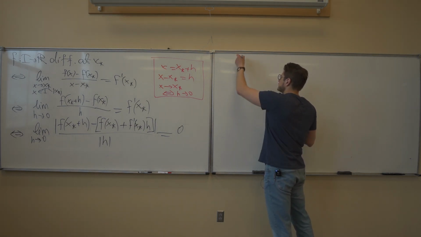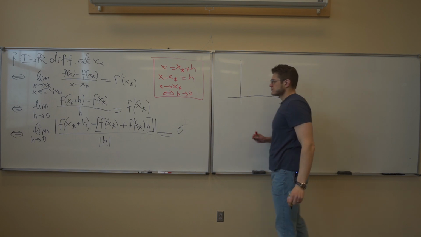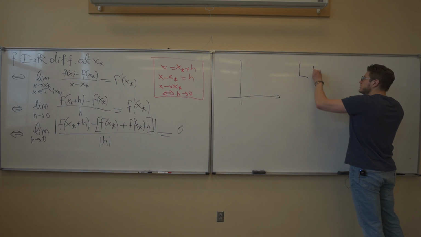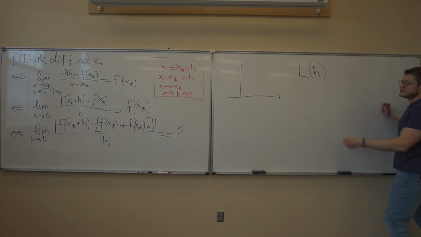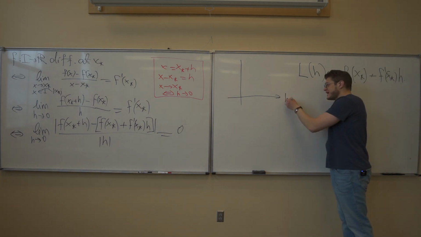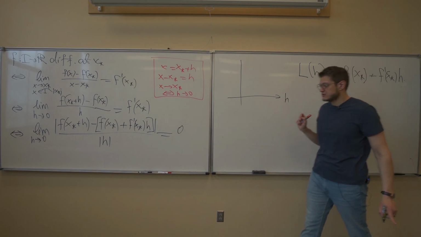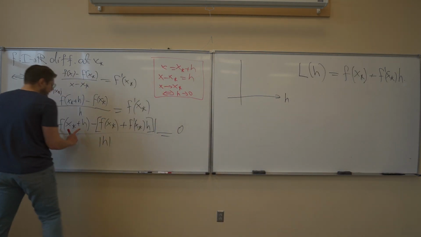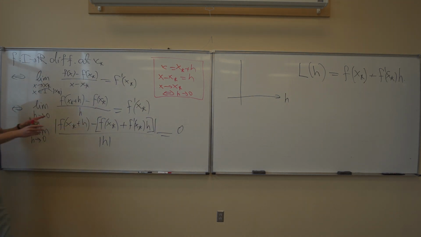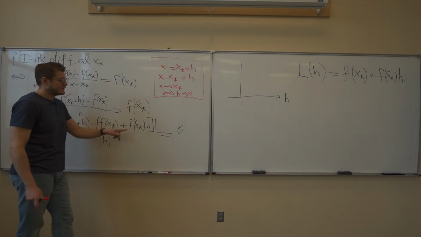So let's say that L of h, L for line, equals f of x star plus f prime of x star times h. Now I want to plot this against h, not against x. So in a sense, I am trying to approximate this function, but the input values are different. The inputs of this function, I don't want to think of it as x.